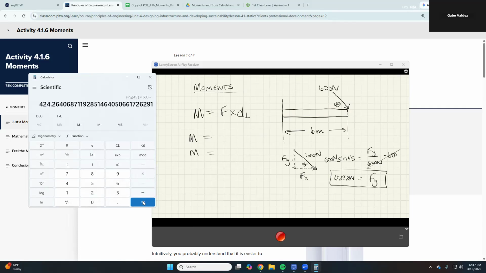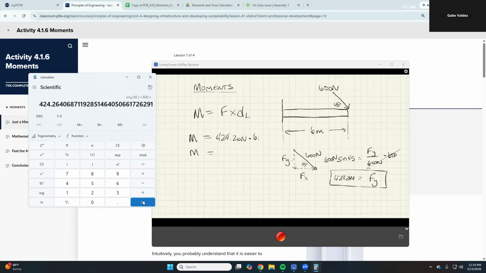The line of action of this force is not perpendicular to this distance. But what is perpendicular is the vertical component of that force vector. So this y component, this 424.26 newtons, is what's going to have the tendency to want this to rotate. It's the turning effect of this force.